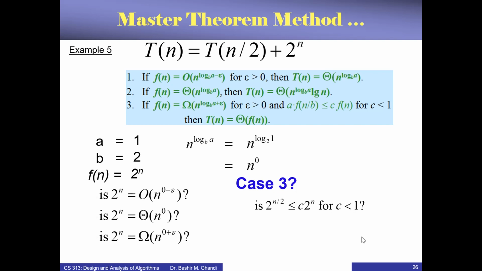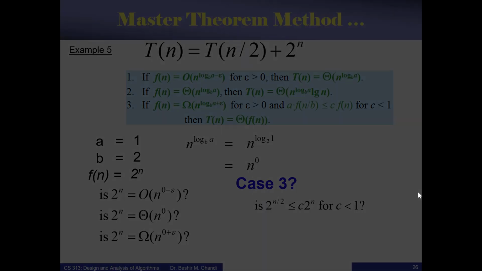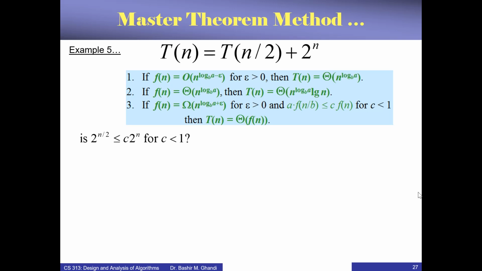Now here you can take actually any constant that you can find within this range that will help you to satisfy it. It's not a fixed value. So we are saying, suppose for example you take c to be half. Put it back in that inequality and see, is it going to hold?